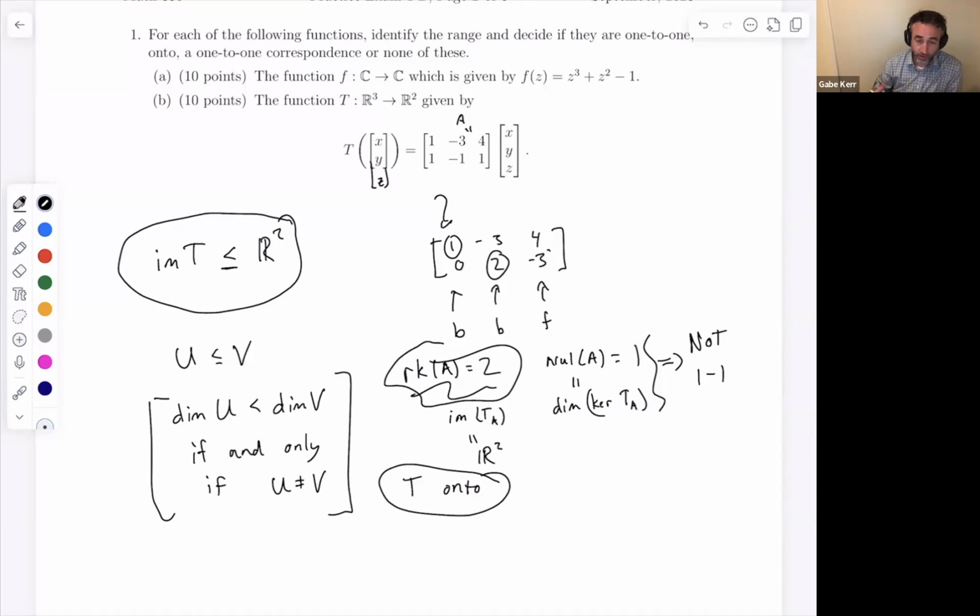The only way it's not the whole thing is if the dimension is strictly smaller. But if it's equal, then they're the same. So here we have a dimension 2 space inside a dimension 2 space. They're the same space. So we conclude this.